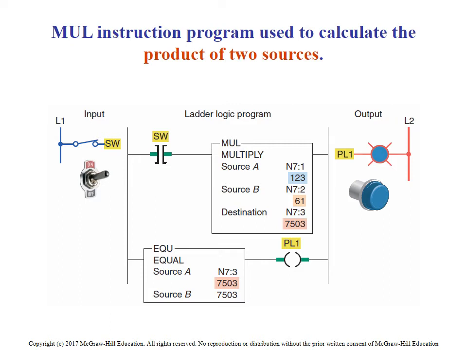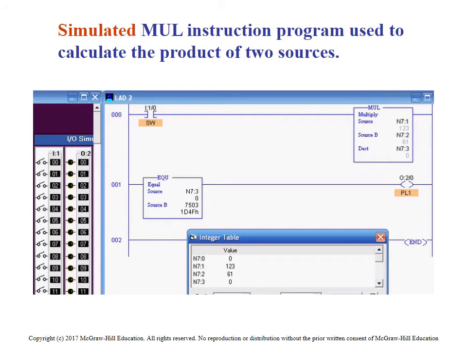Here's another one to calculate the product of two sources. We're looking at multiply A times B with a destination of N7:3.